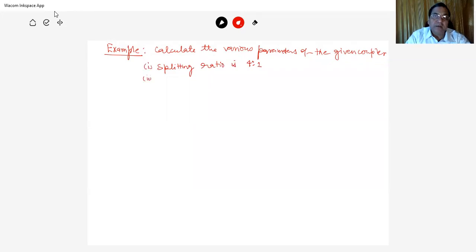Second point, P1 is equal to P2 plus P3, that is 4 plus 1 is 5. At port 2, the ratio is 4/5, and at port 3, the ratio is 1/5.